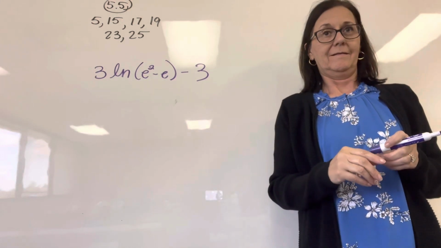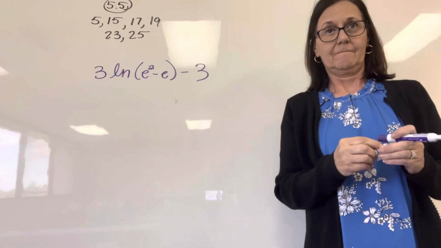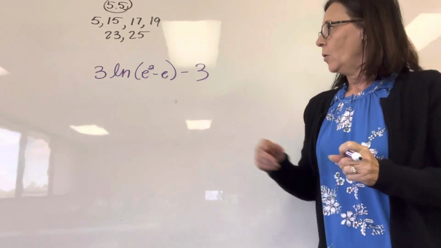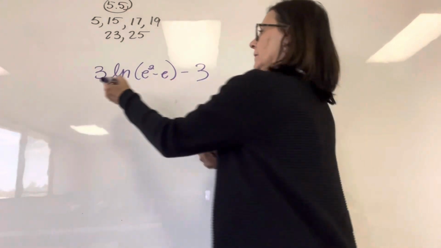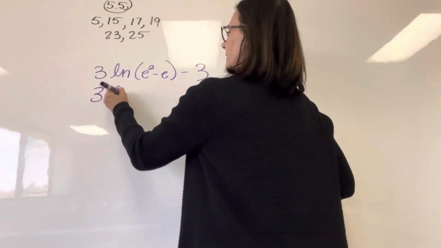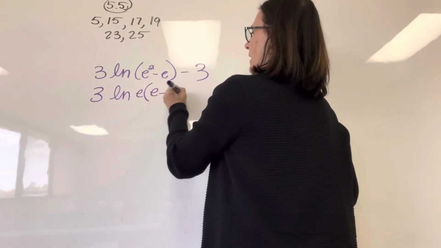Oh, no, you have to rewrite 3. Well, I actually would factor out an e here. So it'd be 3 times the ln of e times e minus 1.